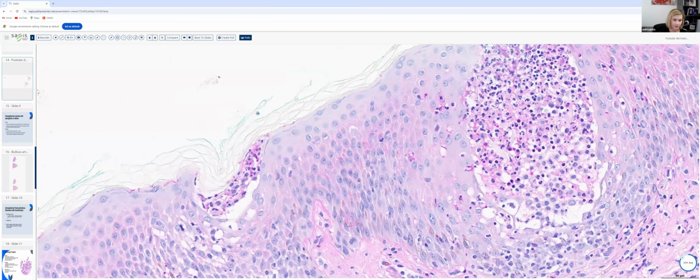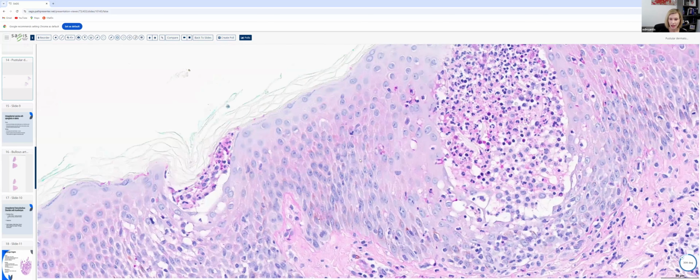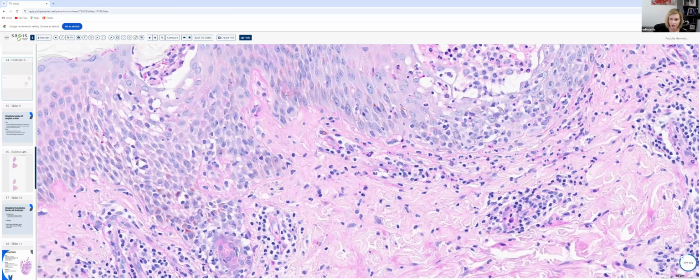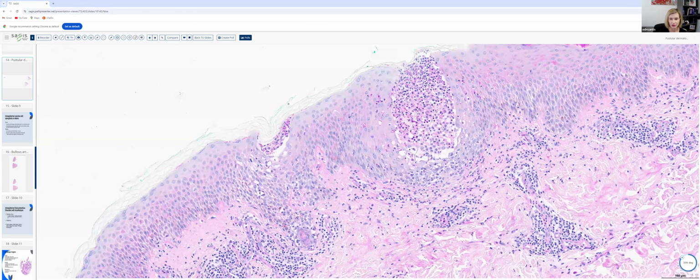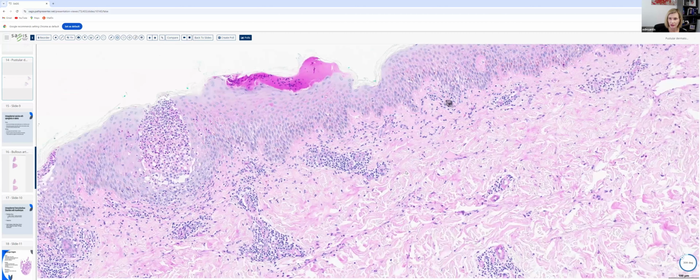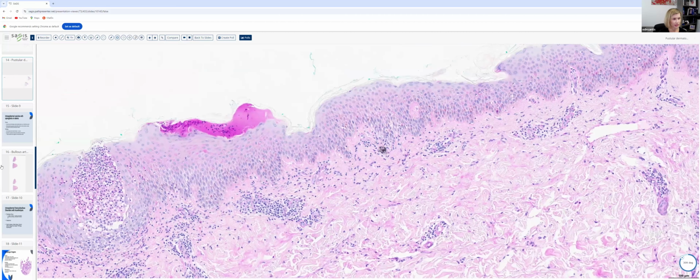Here are some more hyphae. So this is a case of dermatophytosis. So you can see how there can be a lot of histologic overlap among these entities, and the clinical history and clinical pathologic correlation is extremely important in helping to arrive at the correct diagnosis.